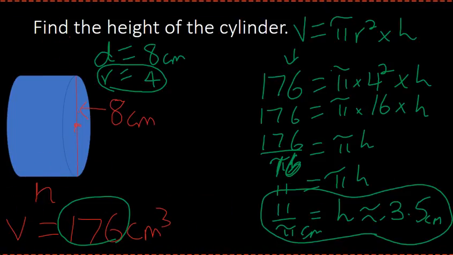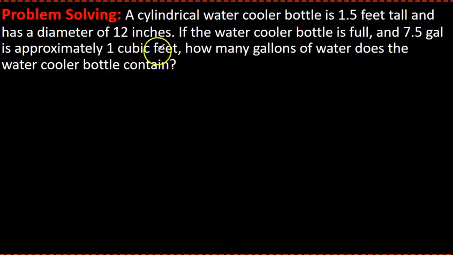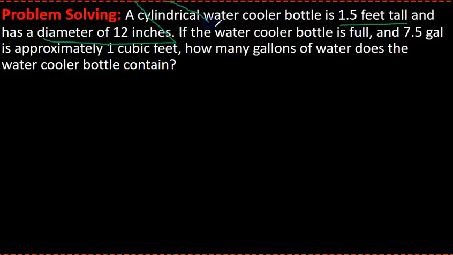Very straightforward. Next, a cylindrical water cooler bottle is 1.5 feet tall and has the diameter of 12 inches. If the water bottle is full and 7.5 gallon is approximately 1 cubic feet, how many gallons of water?